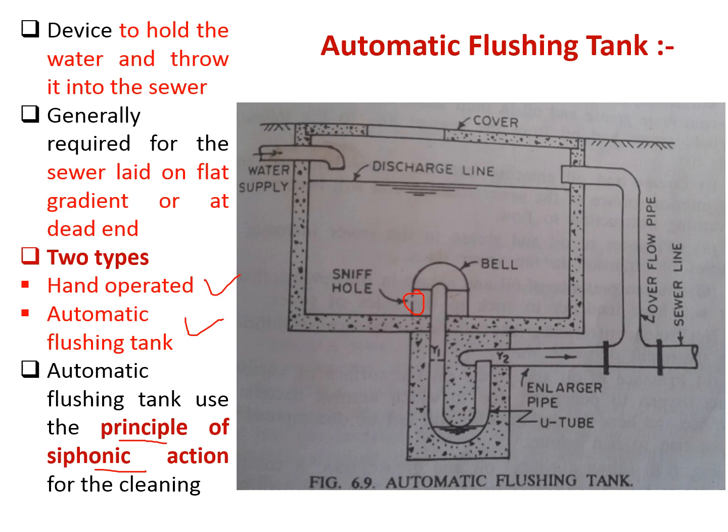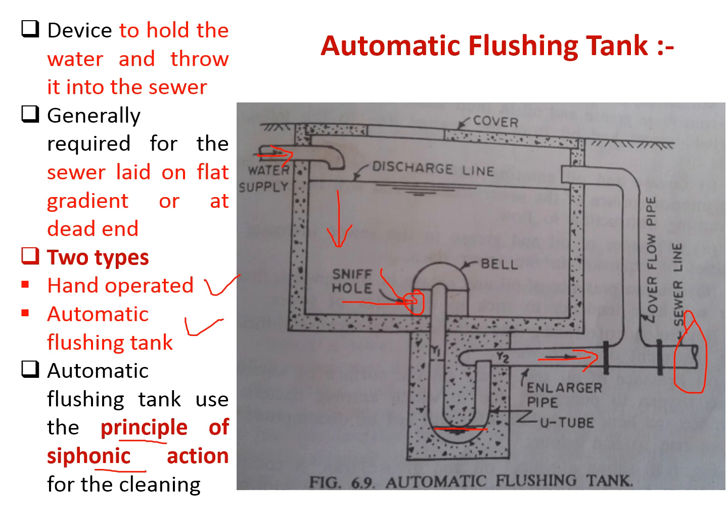So here, initially, this sniff hole is provided here, and this is the sewer line which is to be cleaned. So we want to force water from this automatic flushing tank. So as we are supplying water, suppose initially there is no water here, this sniff hole is connected with this bell and this U-tube kind of thing, and initially this is your water level.